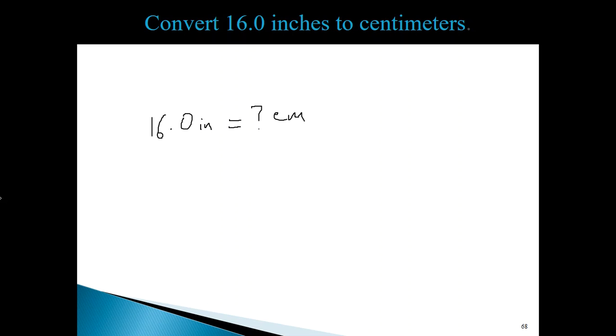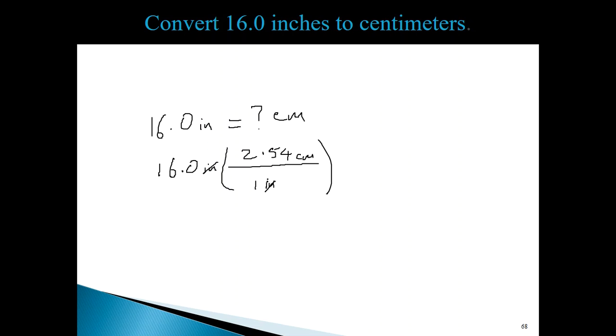All right, so we start off with the 16.0 inches, and we have to multiply this by the conversion factor, which represents the relationship between the inch unit and the centimeter unit. And we know that 1 inch is equal to 2.54 centimeters. The inch units will cancel out.